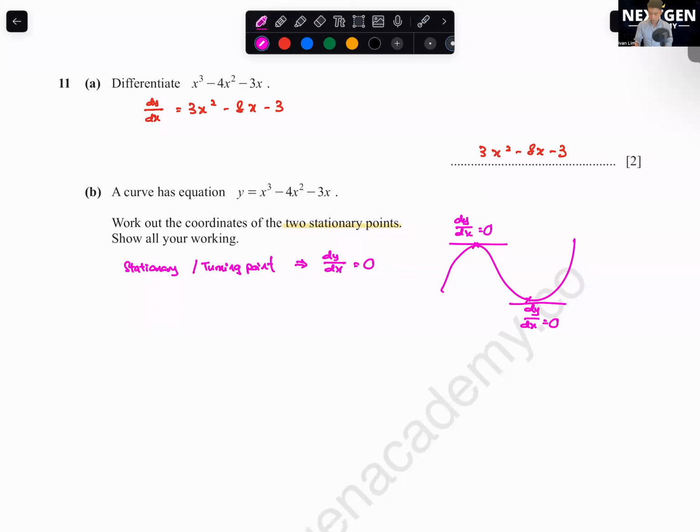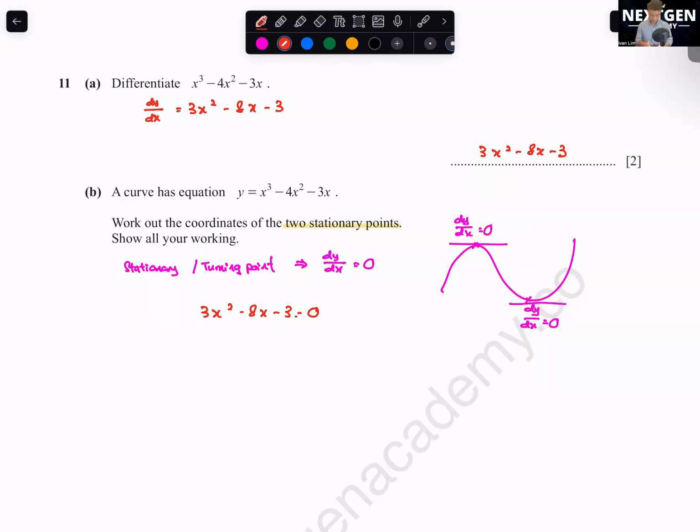Okay, let's use this equation here. 3x squared minus 8x minus 3 equals 0. Can we factorize this? Actually, you can use your calculator. Go and check for it. Use your calculator, type in 3, minus 8, minus 3.